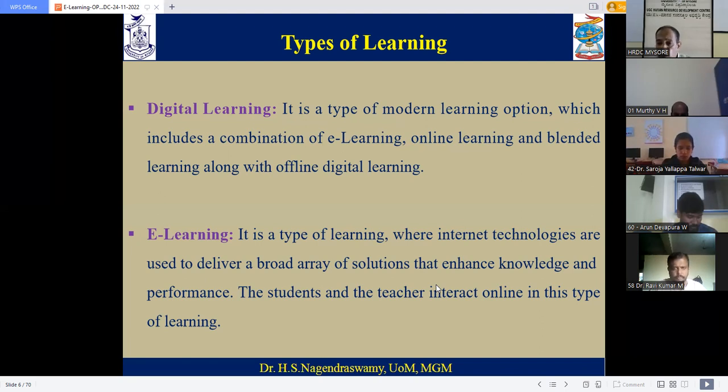So the student can register for such courses and formally attend the classes online and complete the assignments that the particular university, institution, or the teacher responsible for that course is going to give.